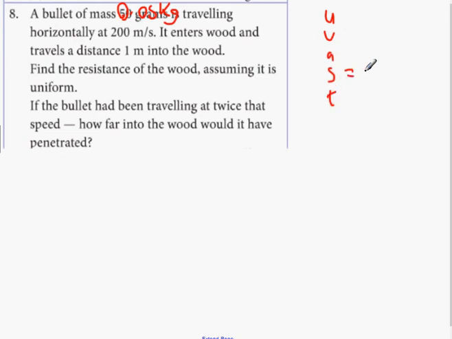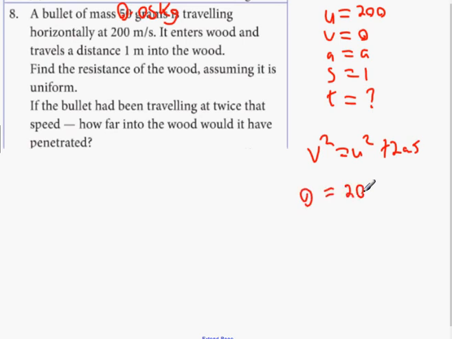So we're going to start off with SUVAT this time. S equals 1, A equals what we're looking for, V equals 0, U equals 200, T equals whatever. V squared equals U squared plus 2AS. 0 equals 200 squared times just 2A, isn't it?